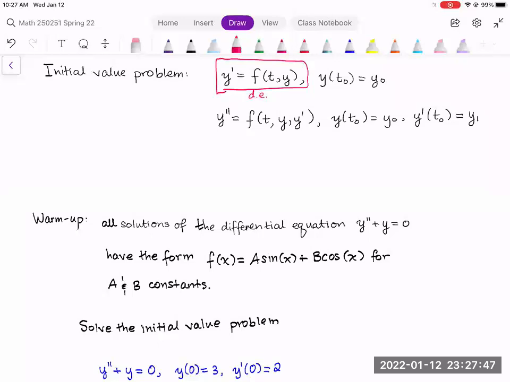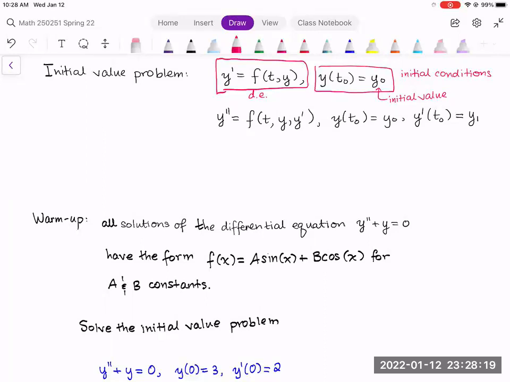The second part of an initial value problem is going to be what's called initial conditions. So this tells us the value of the solution at a particular time. And often this output is called the initial value. This is the value we have to go through.